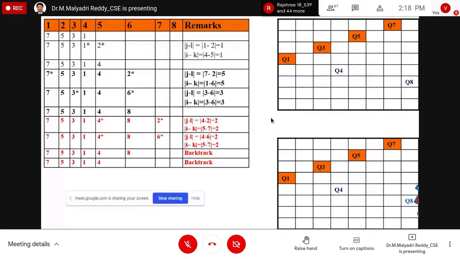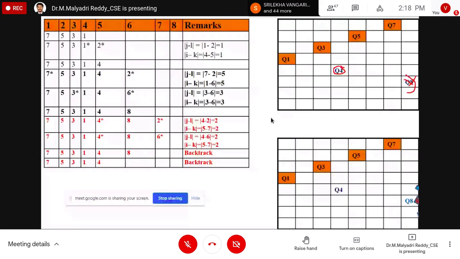Backtrack means I go to the previous step. Previous step means remove Q8, because it does not give a possible solution. Then go to Q4.